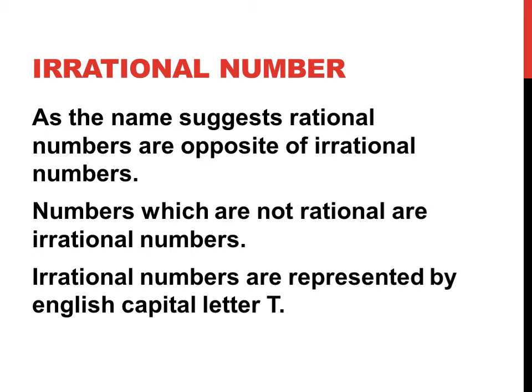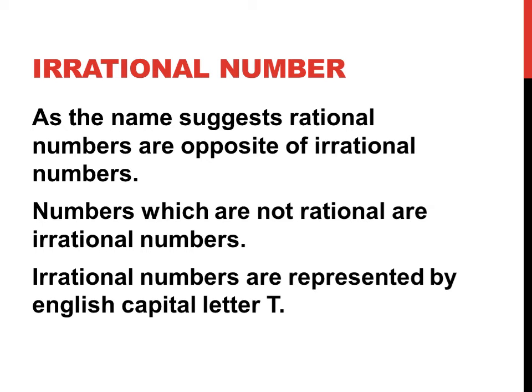Then what will be the irrational? Irrational will be just opposite of it. As its name is also suggesting in itself, the rational and irrational are opposite in themselves. So irrational numbers are basically the numbers which are not rational. And irrational numbers are represented by the English capital letter T.